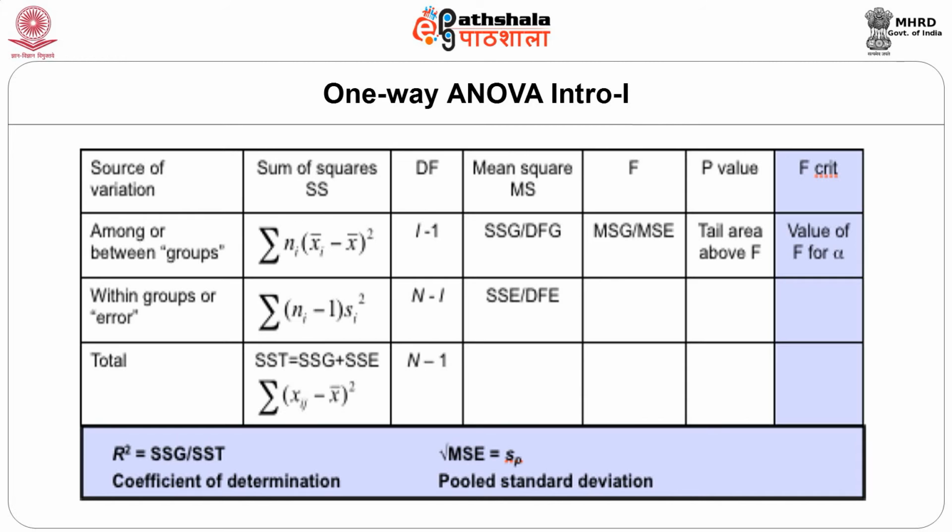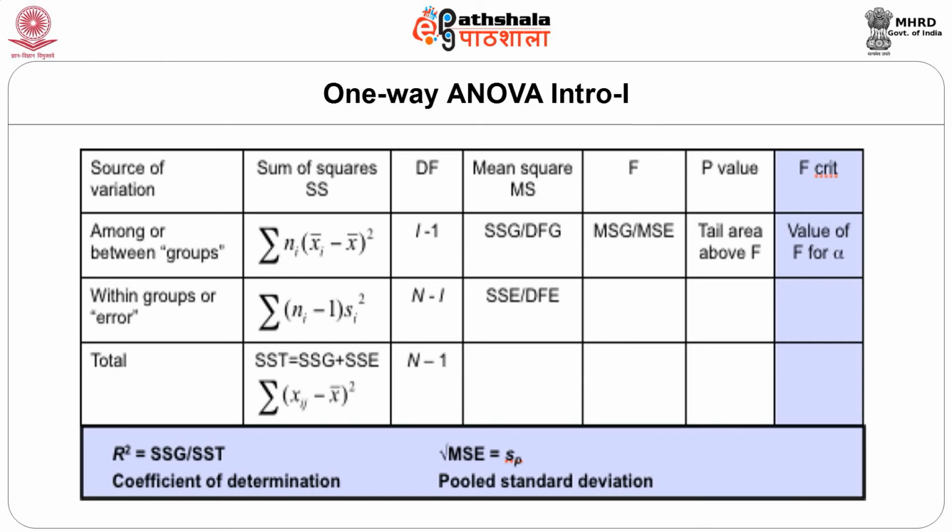The second row, among or between groups: summation ni (xi bar minus x bar) whole square, I minus 1, SSG by DFG, MSG by MSE, total area above a value of F for alpha.